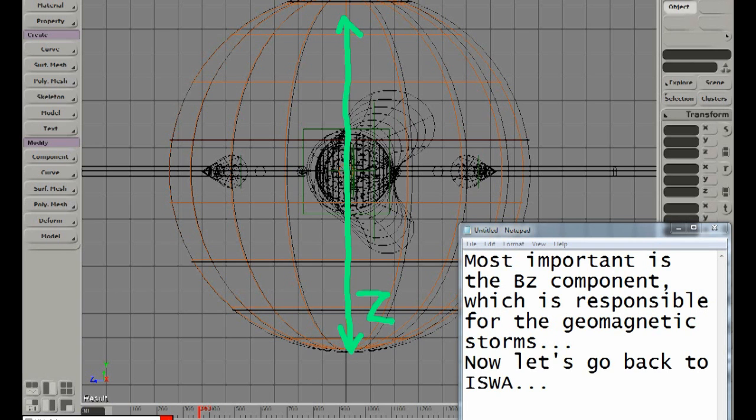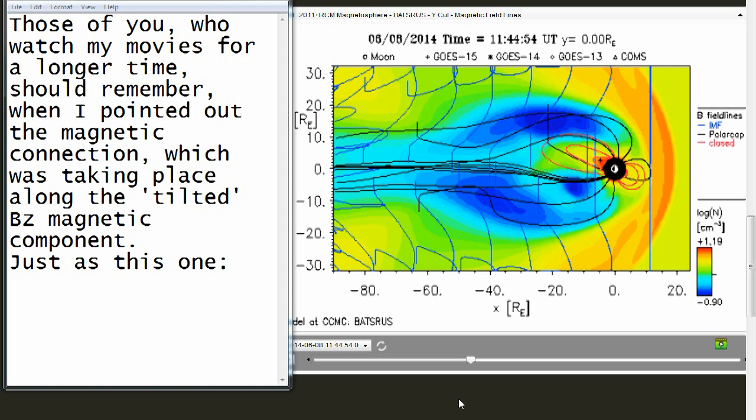Now, let's go back to ISWA. Those of you who watch my movies for a longer time should remember when I pointed out the magnetic connection which is taking place along the tilted Bz magnetic component, just like this one.